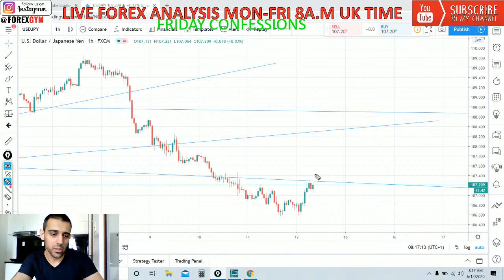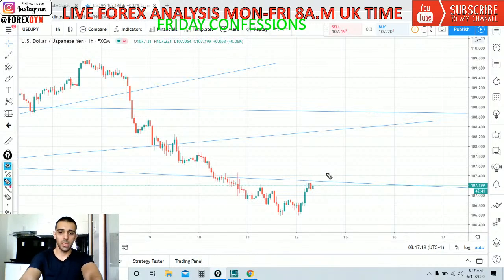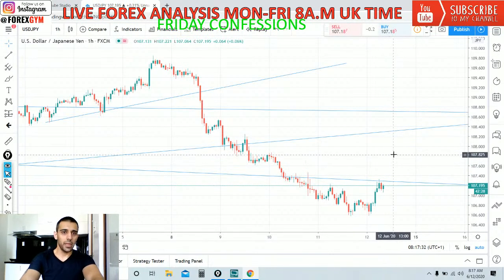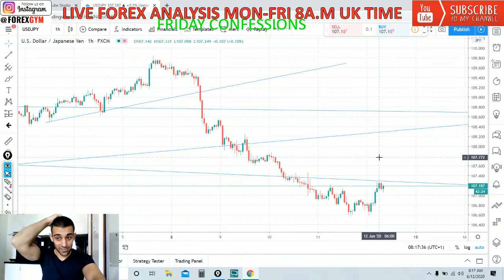So that's why I do want to see a bit more strength coming in on this pair. Then I will be getting into the trade. Maybe on the 1 hourly, if I see a nice, strong bullish candle closing, then I will be getting on to the retracement towards the upside, and the target is going to be about the 107.70 zone.